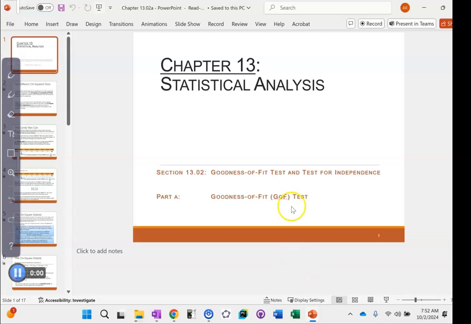The alternative way to make a conclusion based on our chi-squared statistic is using the p-value, much in the same way that we did for the t-test. So again, if p is less than alpha, that's evidence for the alternative. And if p is greater than alpha, that's evidence for the null.